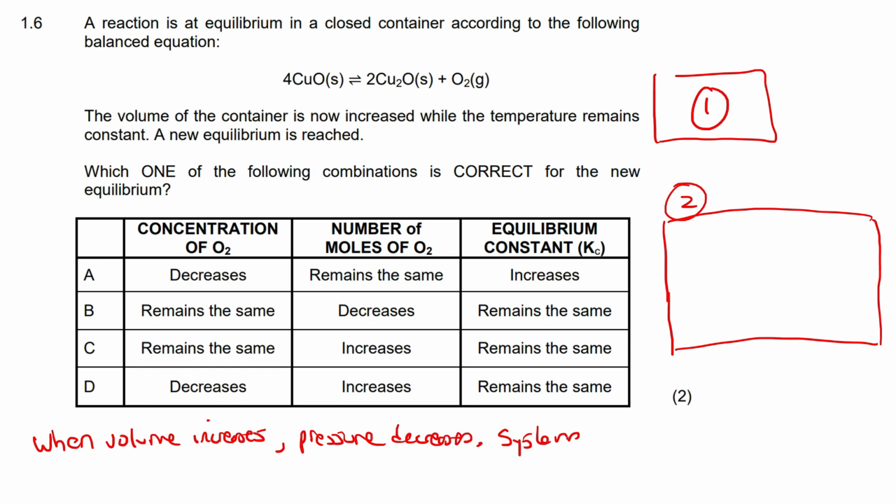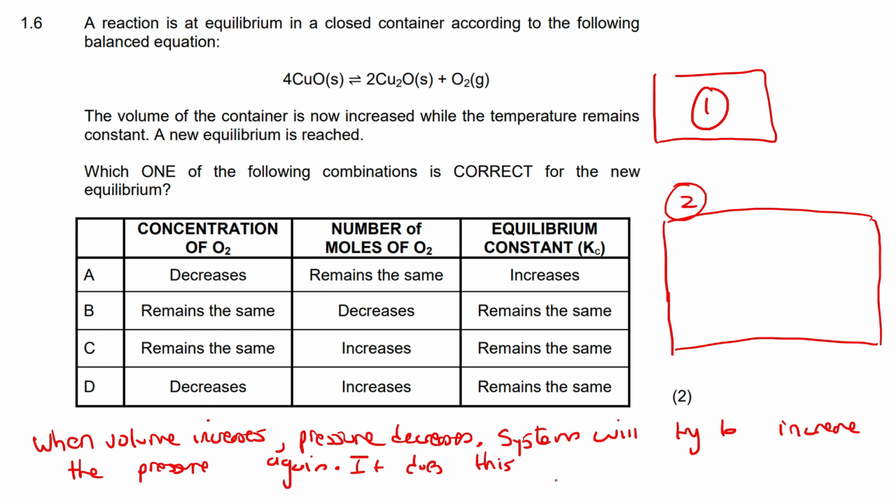The system will try to increase the pressure again. So when a system tries to increase pressure, how does it do that? It does this by trying to make more gas molecules. It does this by favoring the reaction which makes more gas.